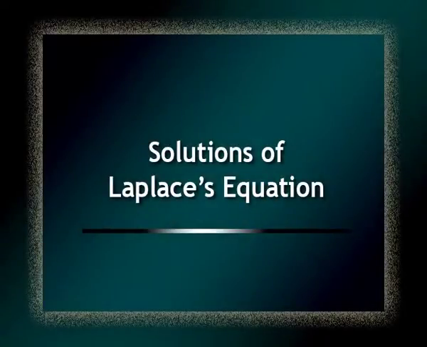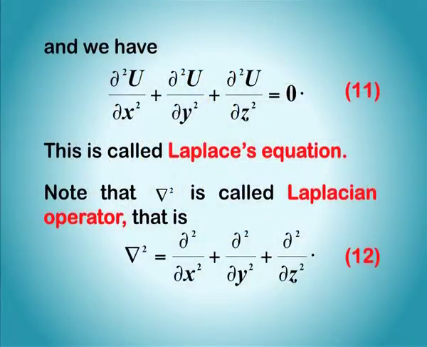The left hand side will vanish, and finally we will have everything equated to 0, that is d2u dx square, d2u dy square, d2u dz square, all partial derivatives summing to 0, and this equation incidentally is known as Laplace's equation, this equation 11.